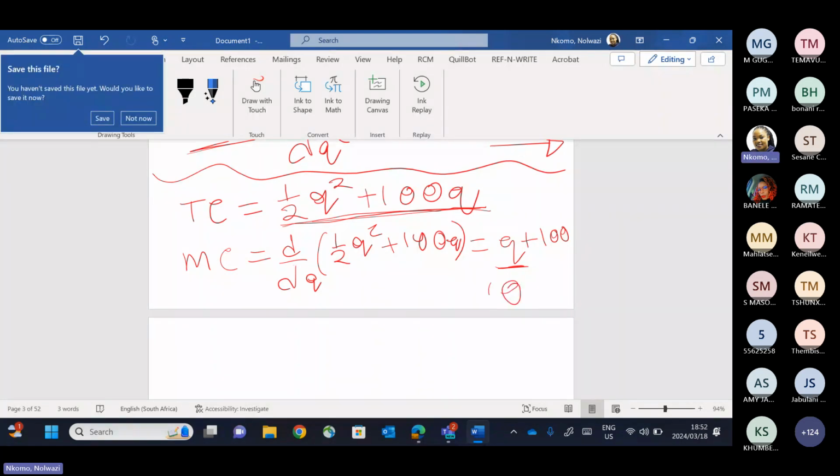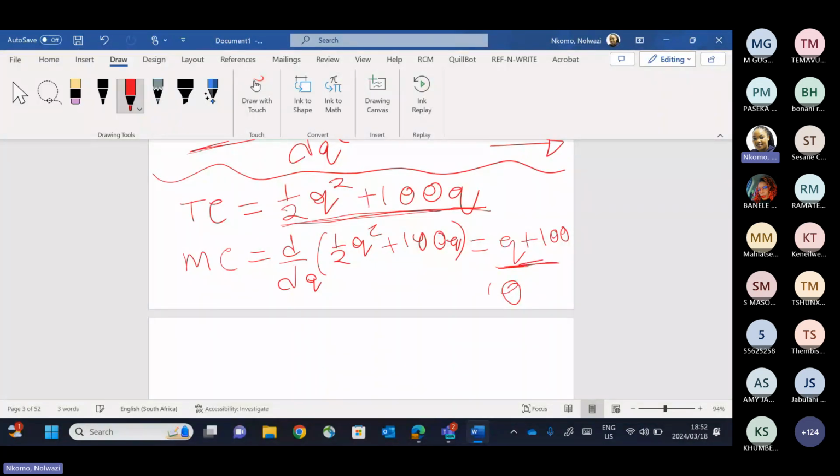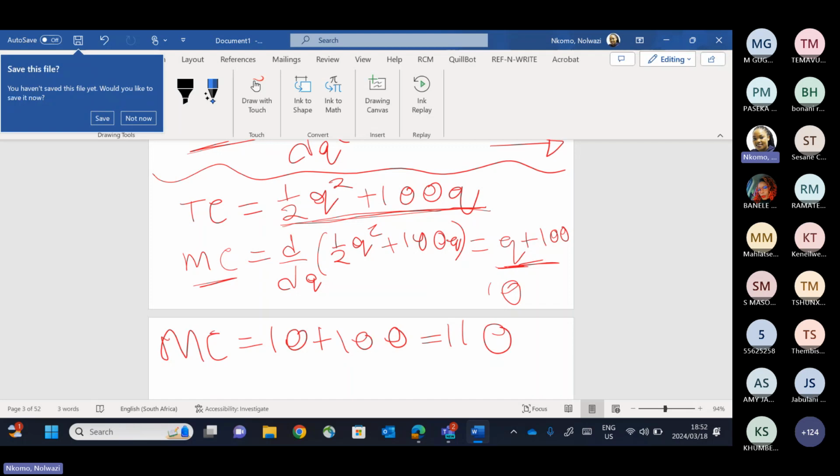Now let's say you are asked to find the cost of producing 10 more units, or just 10 units, then you will go back to this equation which represents the marginal cost. You'll have marginal cost equals 10 plus 100, and that will give you 110. And this simply means the cost to produce the 11th unit is 110 rand.